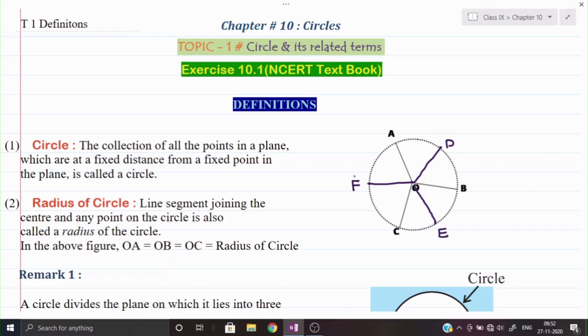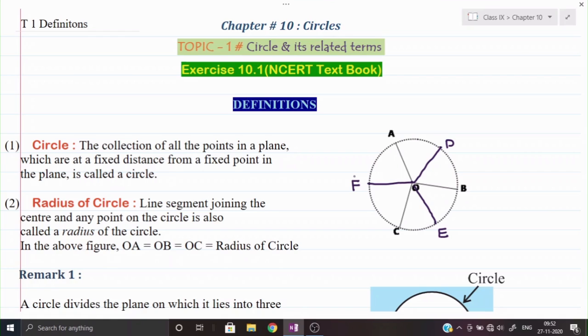So the circle definition is this: when you join all such points, the figure formed is called the circle, and the condition is that the length from the center to any point on the circumference will be the same.